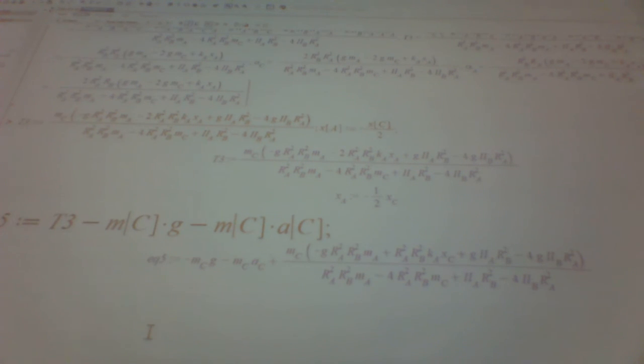Yeah, I try to factor. But basically here it would be nice to try to factor the x sub c, no? So if you look at it, this is a constant term, this is your m x double dot c, and then this is a constant term, this is your x sub c that will become part of the stiffness, no? This is a constant term, and this is a constant term.